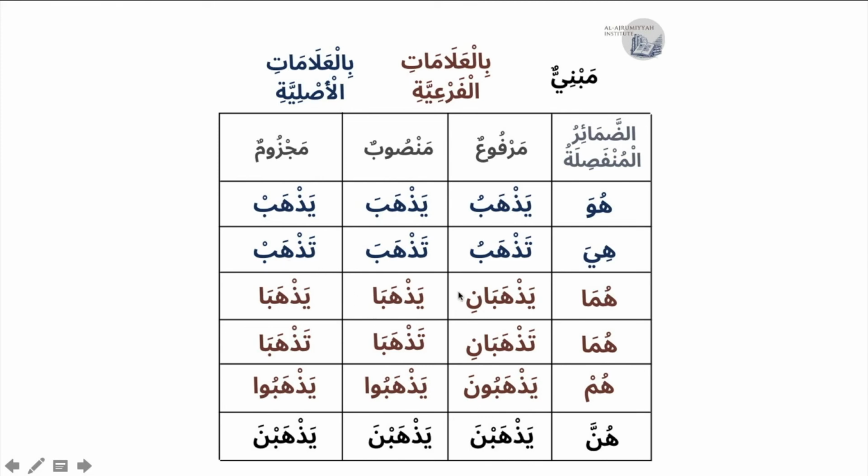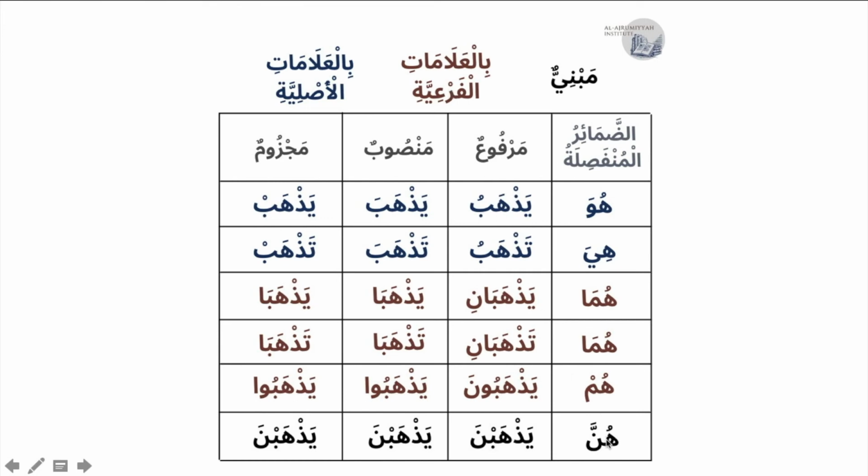They're dropping the ثبوت النون because it's منصوب and مجزوم. هما feminine: تذهبان, تذهبا, تذهبا. Same exact thing. هم: يذهبون, يذهبوا, يذهبوا. Same thing. So all of these three here are part of أفعال الخمسة, so they take the secondary signs.